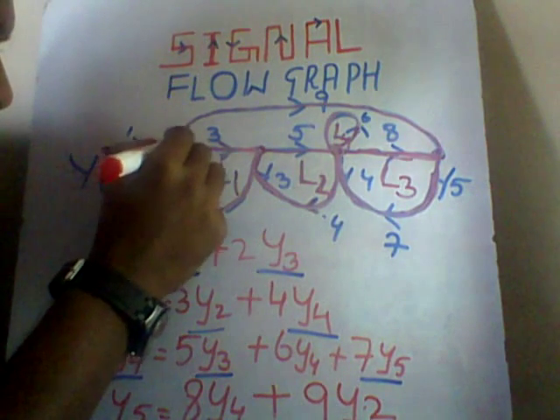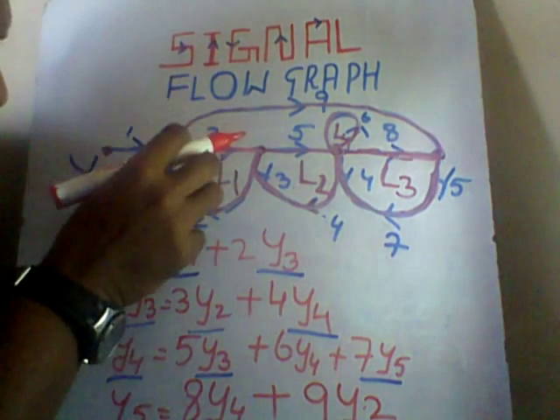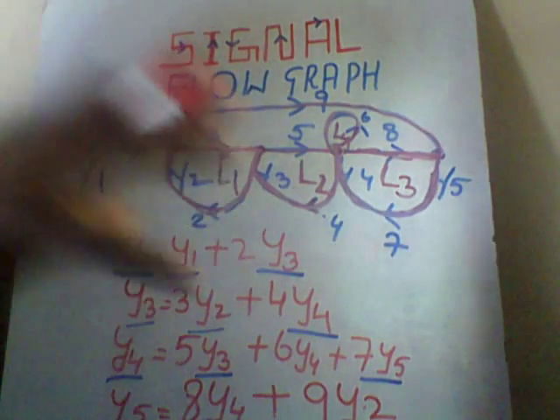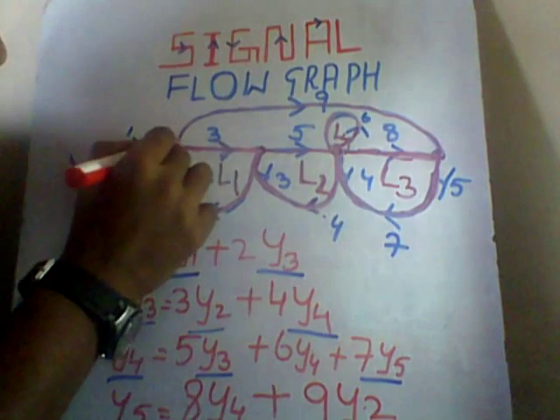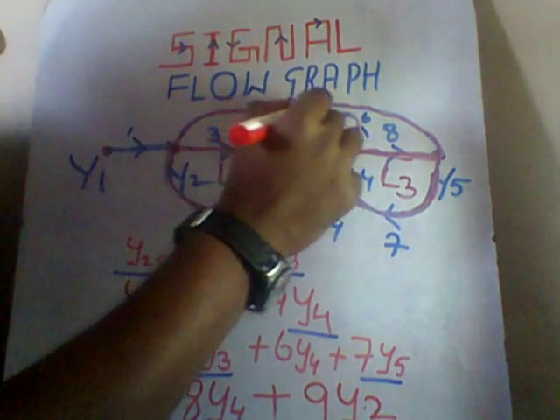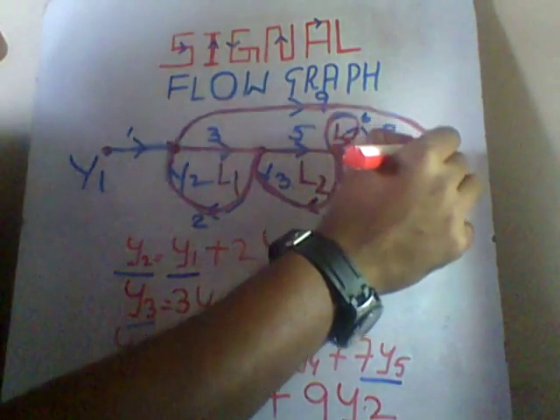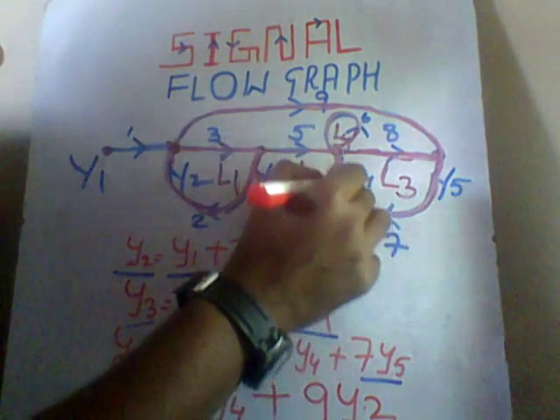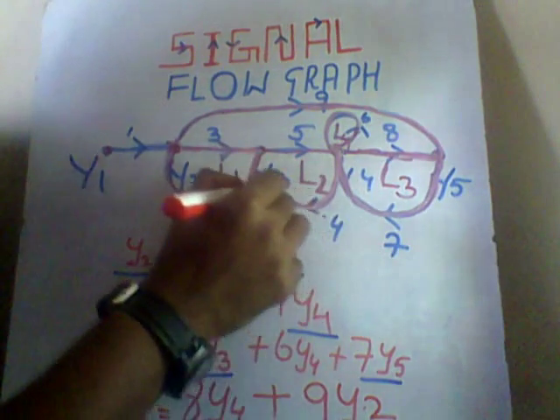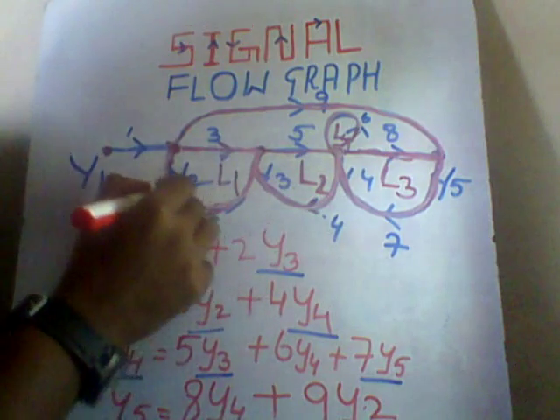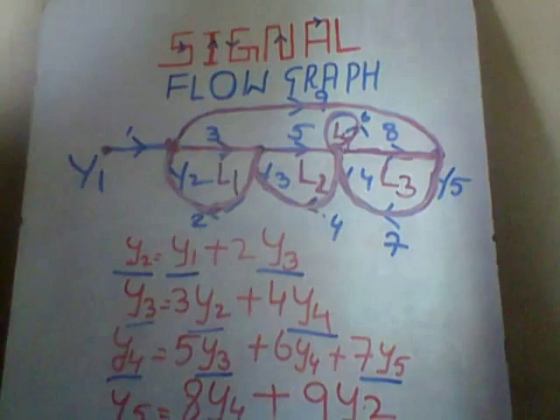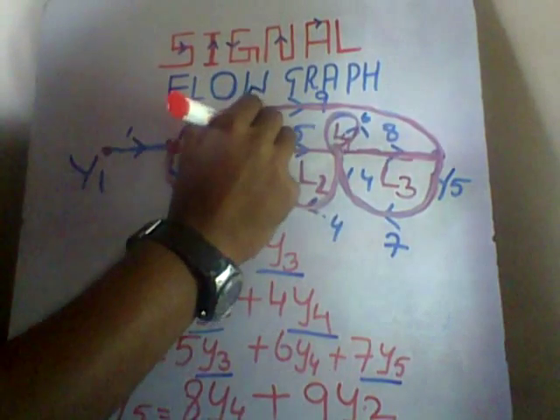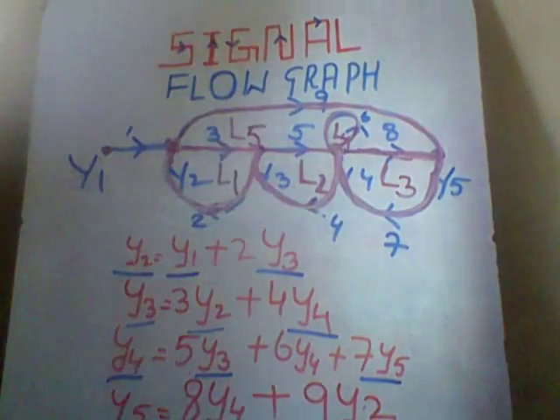This is the major problem in signal flow graphs. You have to carefully pick up the loops in the graph. It starts, travels in this path, touches the node, travels in this path, touches the node, and finally terminates at the node where it started. So this is loop 5.